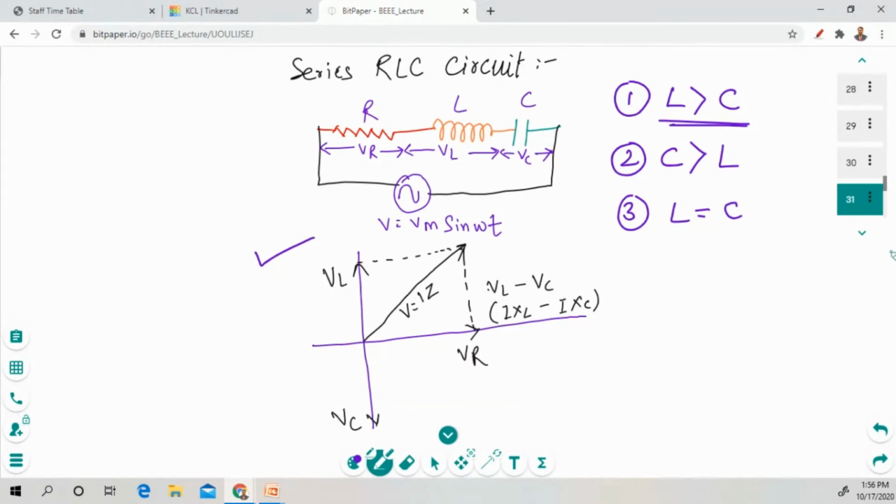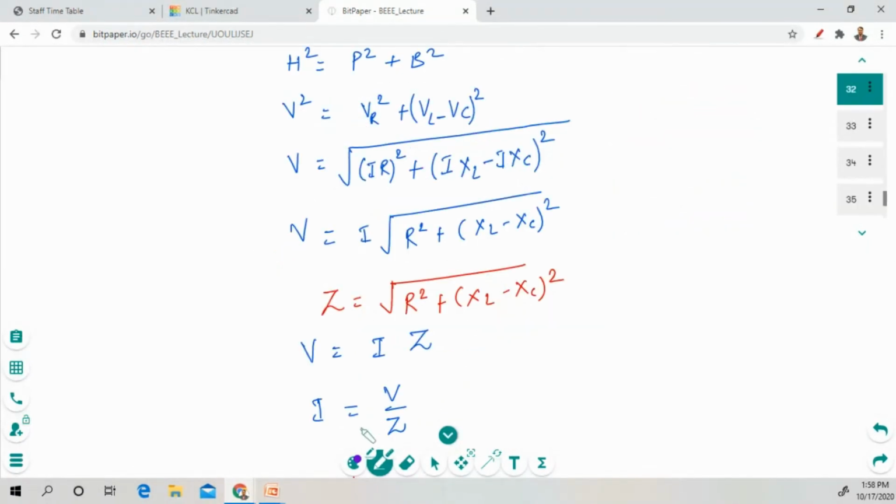If we consider L is greater than C, then the voltage across L also increases. If we consider C is greater, then VC is also greater than VL. In the second case, we have to draw the resultant in the downward direction because VC is greater. In the second case, we can derive the expression and find the value of current. We put the values across VR, VL and VC, solve the derivation and find the value of current.